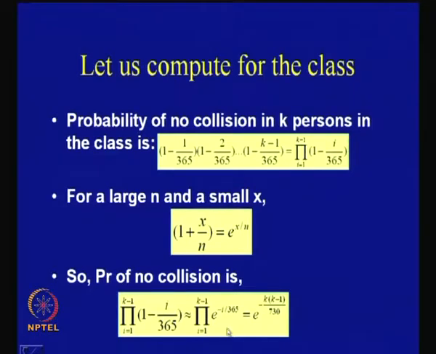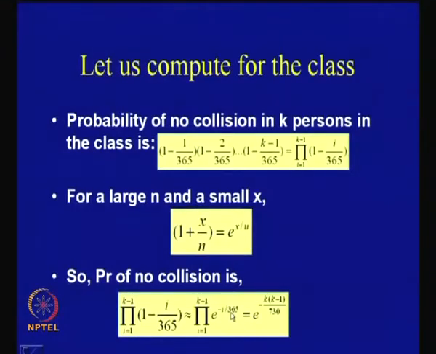This works out to e to the power of minus k into (k minus 1) divided by 730, because when we multiply these terms, the powers are summed.